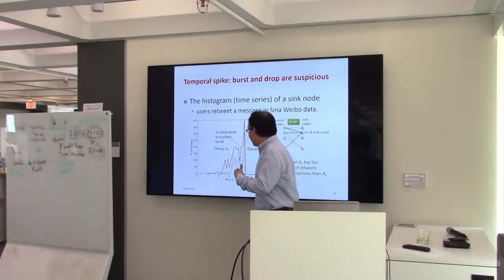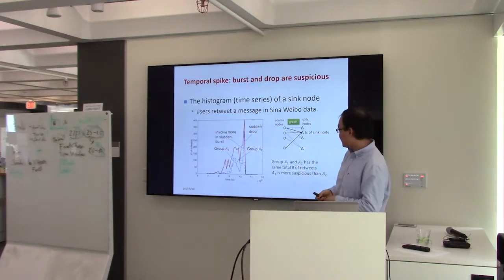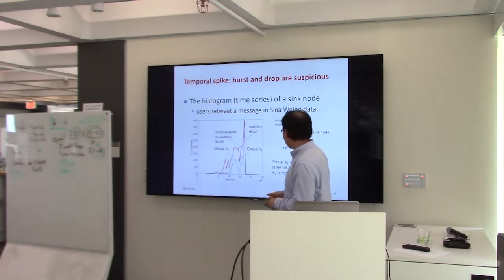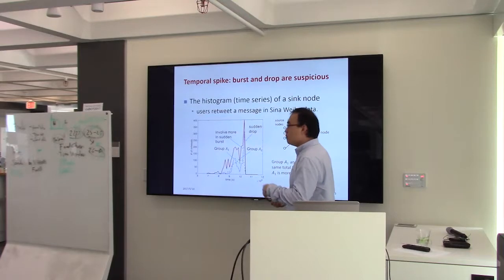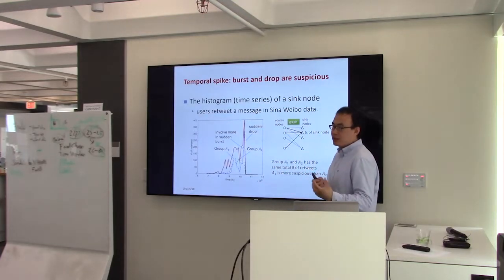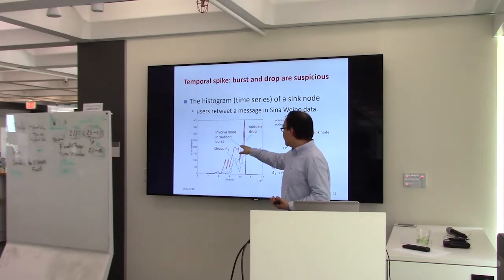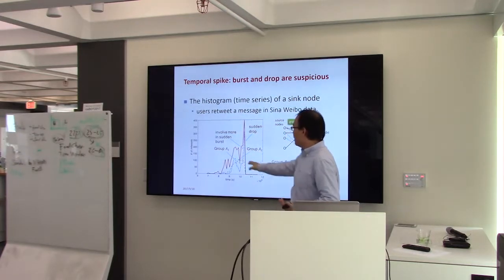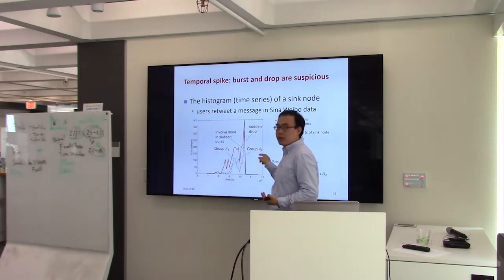This figure shows an example of users retweeting a message in the microblog. We can see in this message there is some sudden burst and sudden drop. So who made this kind of sudden burst and sudden drop? We looked deep into the users' behavior and found there are two groups of users, group A1 and group A2.